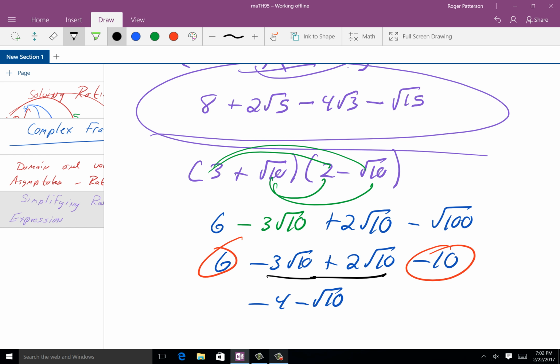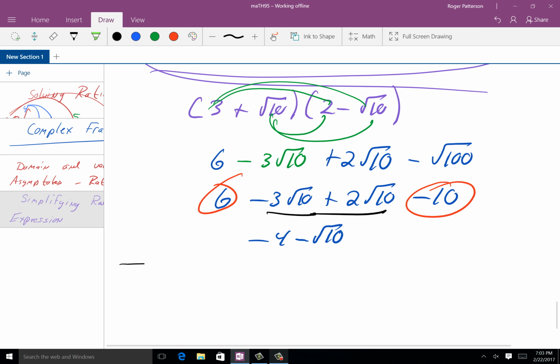So we have a 6 and a 10, and these two together, a negative 3 plus a positive 2, those are common. Do you see that? So, 3 square root of 10 plus 2. Imagine instead of looking at that square root of 10, look at an x. So negative 3x plus 2x. That is correct. It's the same as the next two.